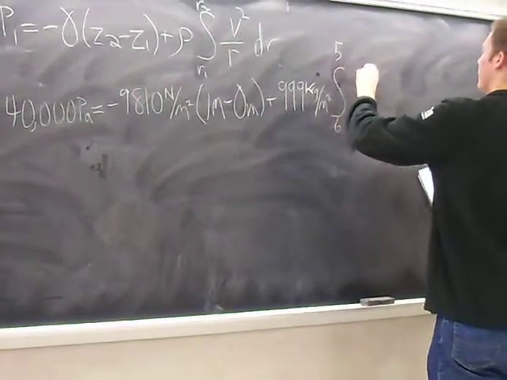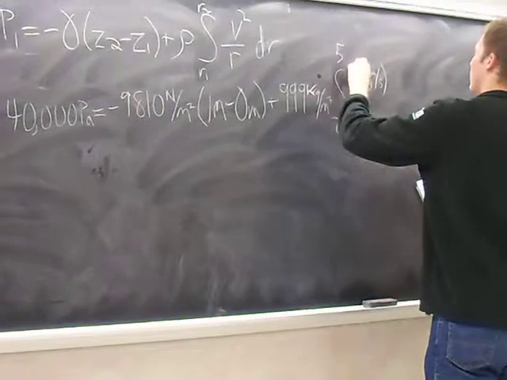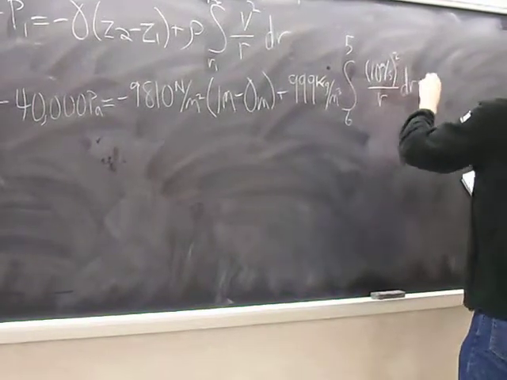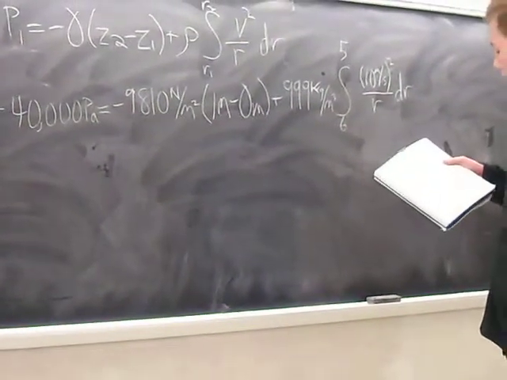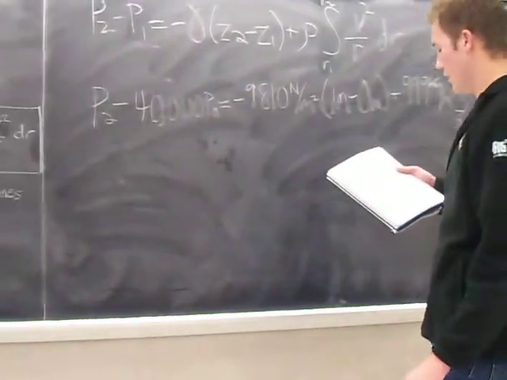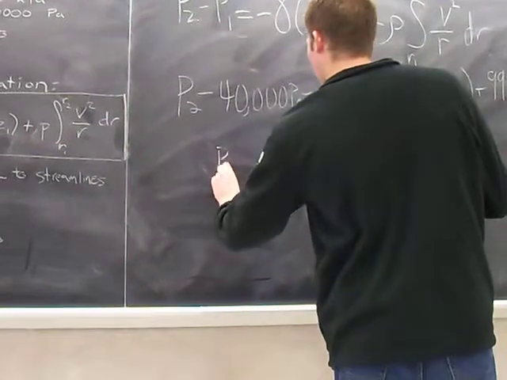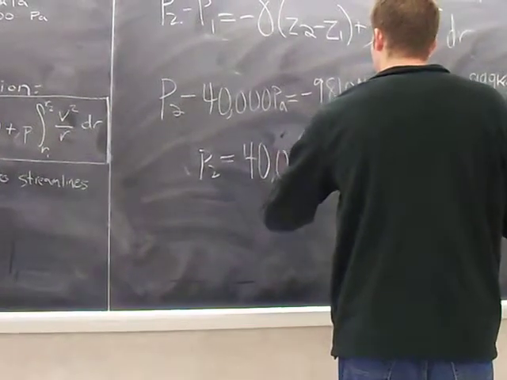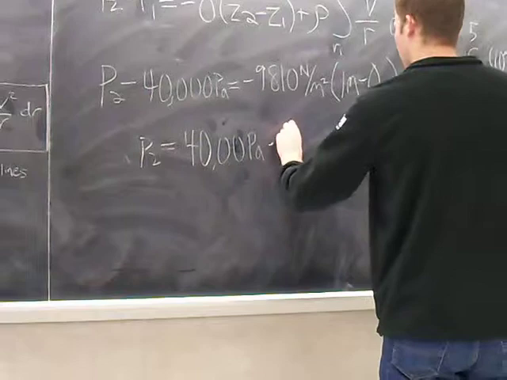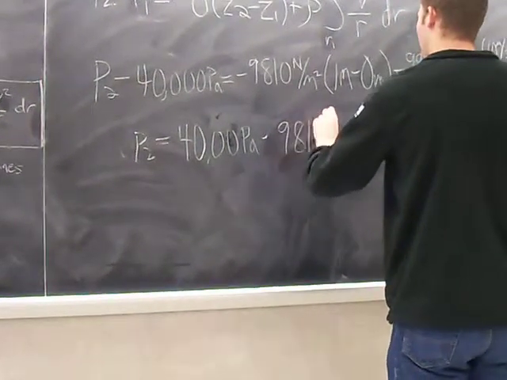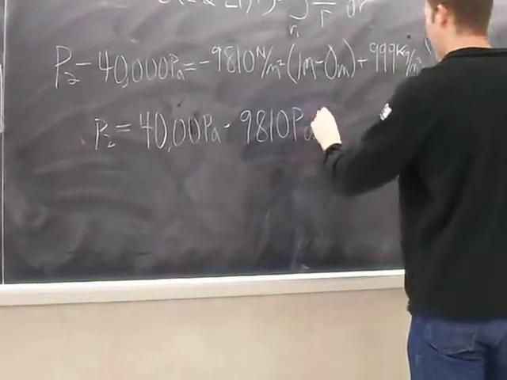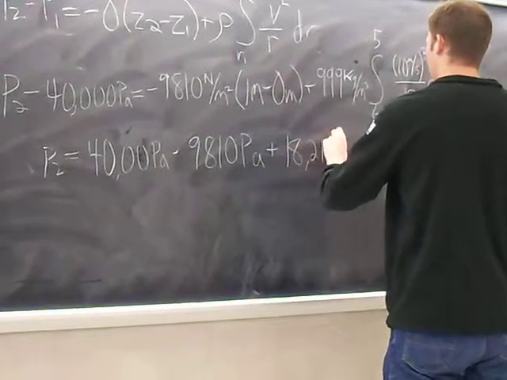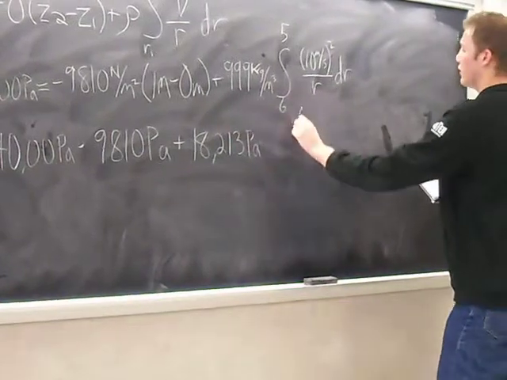And inside we have 10 meters per second squared over R dr. So now we can work through this, and we get P2 is equal to 40,000 pascals, and this will turn into 9,810 pascals, and then we have plus 18,213 pascals. We'll look at this integral right here.